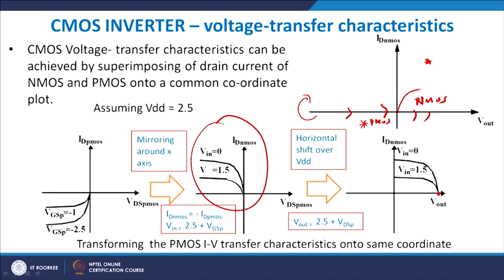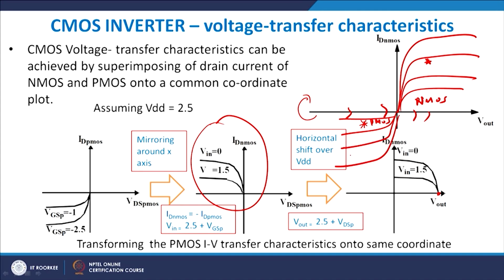Let us see how it works out. I have something like this as an NMOS, and from here I get the PMOS. Now, if you fold this to this side and then fold this to this side, you finally get something very close to the voltage transfer characteristics. Now, this is NMOS, V in equal to 1.5, and if you solve it on the right hand side I get something like this.